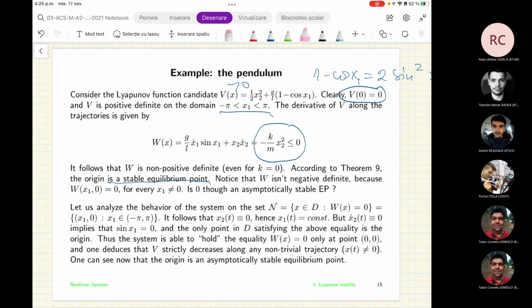Yes, I'm somehow more familiar with it. You're more familiar. For you, this is a recap, essentially. Yes, but you're the only one who has seen these things before. I'm sure that Theodor and Andrei have not studied this before.